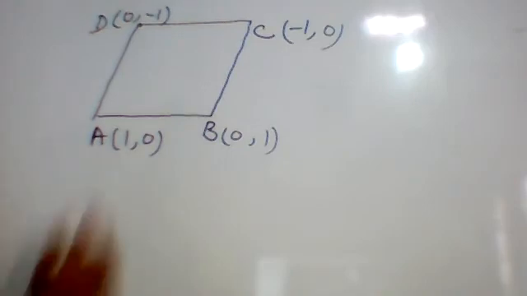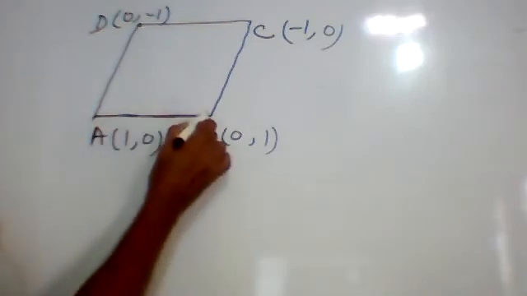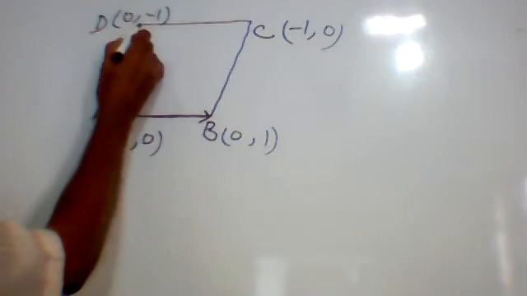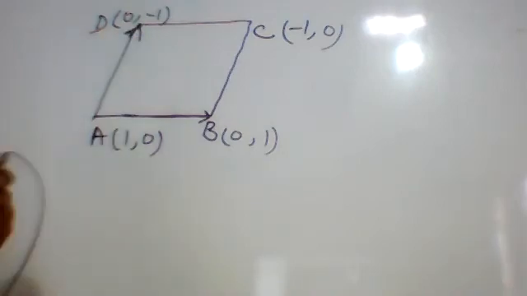First of all we will find the vector AB and vector AD. We will take the cross product and then find the magnitude. That will be the area of the parallelogram ABCD.